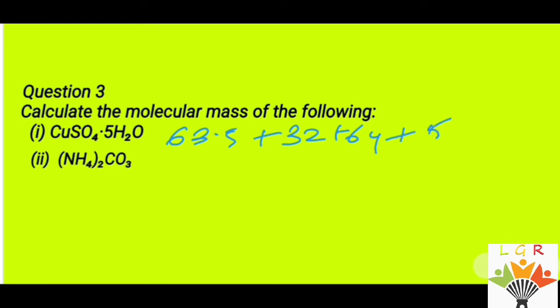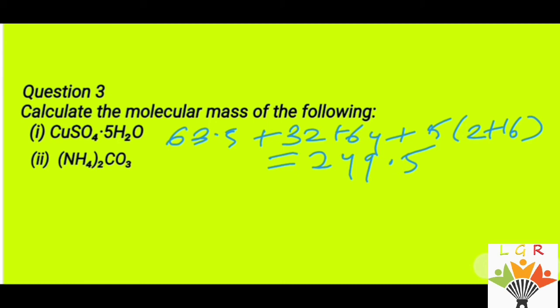So 5 into water, which is 2 plus 16. What is the total weight you will get? You will get 249.5. This is the molecular weight of copper sulfate pentahydrate.